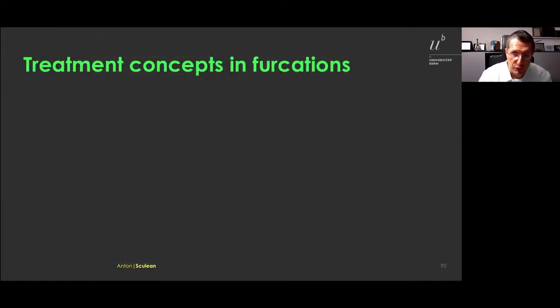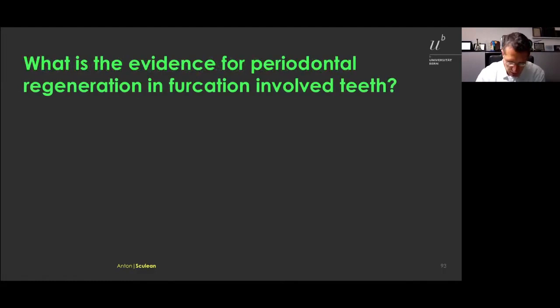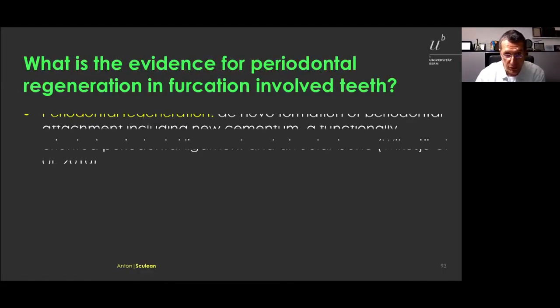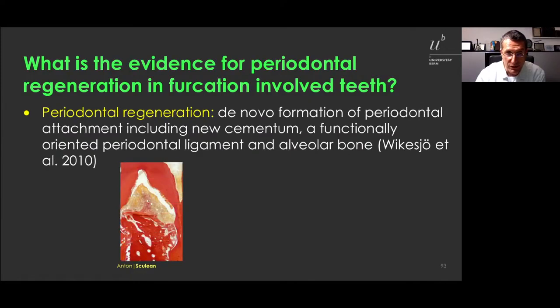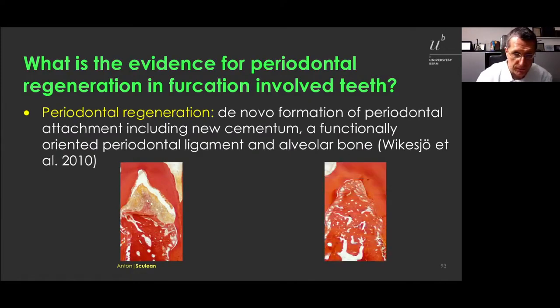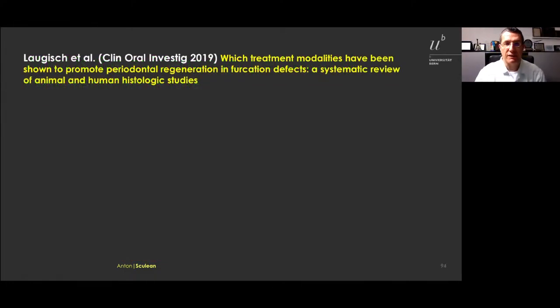So what do we do now, dear colleagues, in furcations? In this last part of my presentation, I would like to elaborate on this very important aspect. So what is the evidence for periodontal regeneration in furcation involved teeth? We looked again at the data from the literature, and we analyzed the entire published histological evidence based on human and also animal experiments.